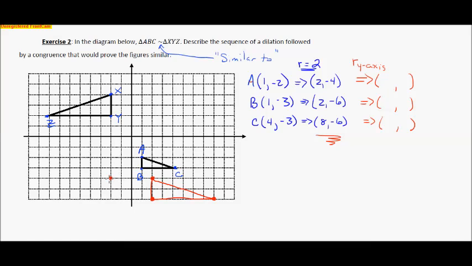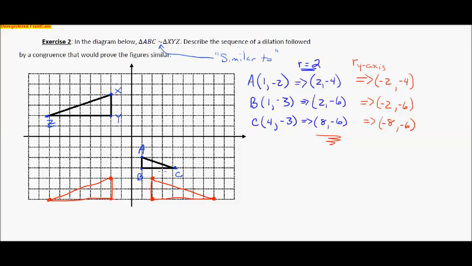If you remember, reflecting over the y-axis changes the x-coordinate to be negative. So here's the points I'm going to end up with: -2, -4, -2, -6, and -8, -6. We've been doing that for a while now. Alright, so my new triangle would look like this.